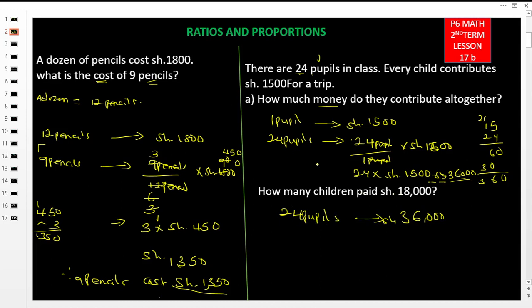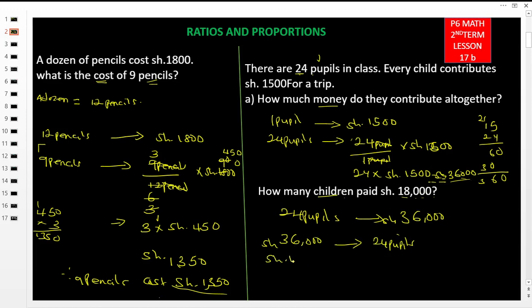Then how about now here they are asking for children? If they are asking for children, you are starting with what? Money. So you are going to say 36,000 shillings was contributed by 24 what? 24 pupils.